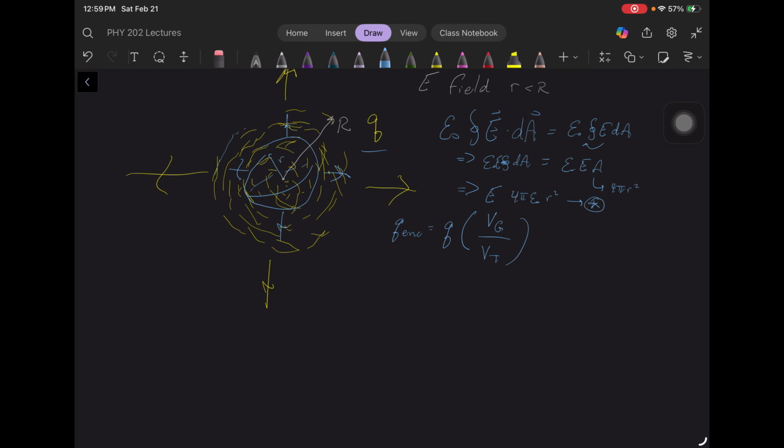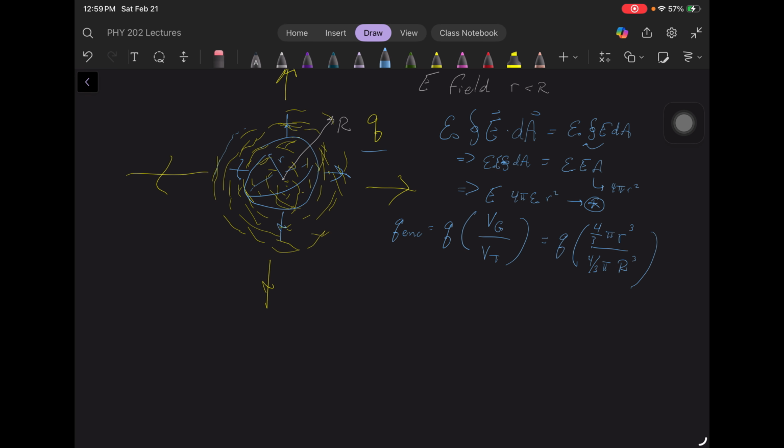Because it's uniformly distributed, that's going to be equal to Q times 4/3 pi little r cubed, since our Gaussian surface has radius little r, divided by 4/3 pi, and the total sphere has capital R cubed.